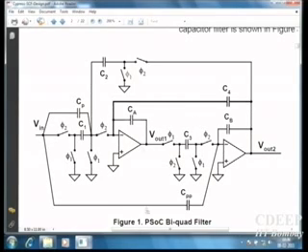For example, here if you notice, inside this filter we have at least these two internal stages connected. If you notice, we have phi 1 for discharge and phi 2 for sampling input and transferring to output in backward Euler. The next stage uses phi 1 for sampling, C2 and C3.